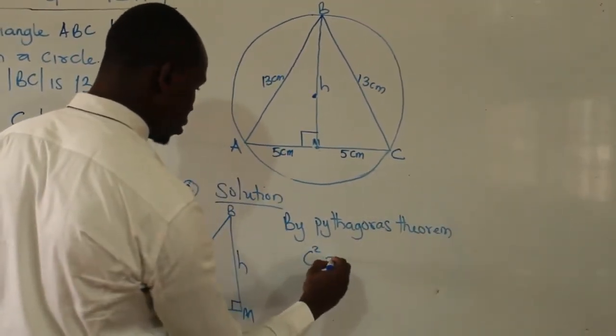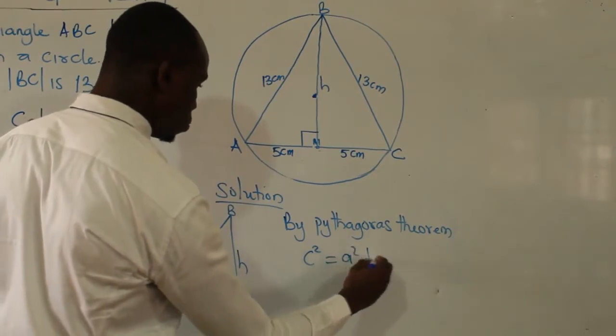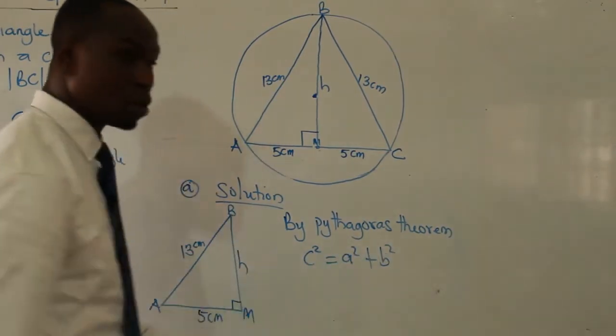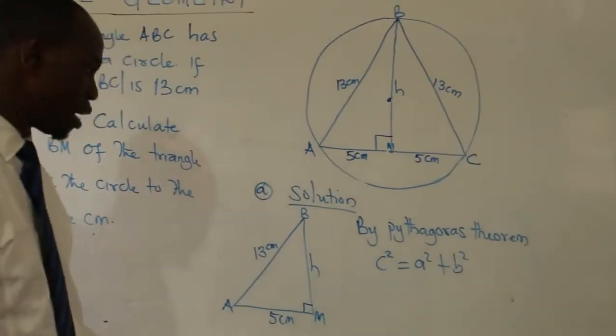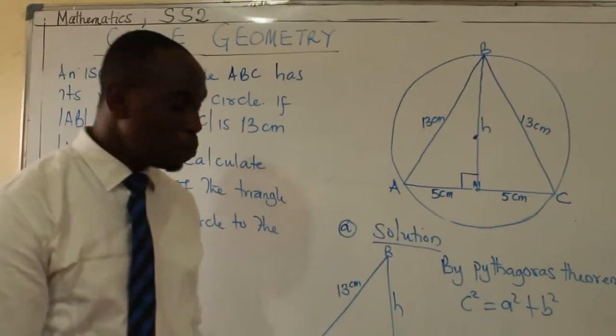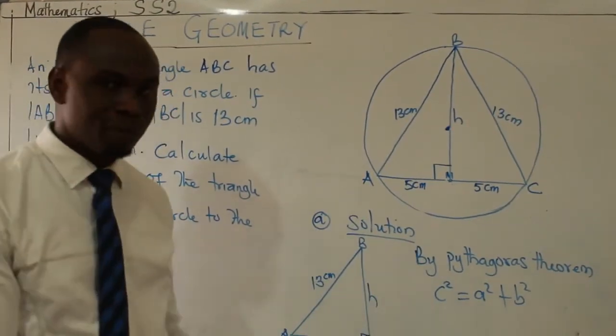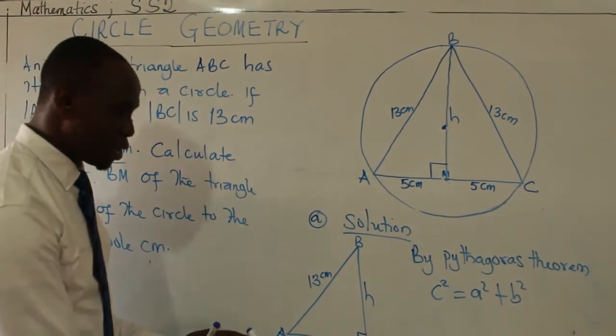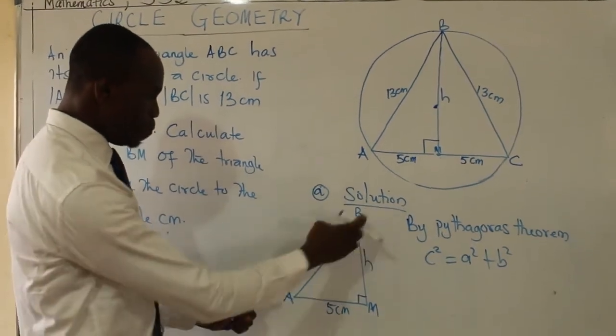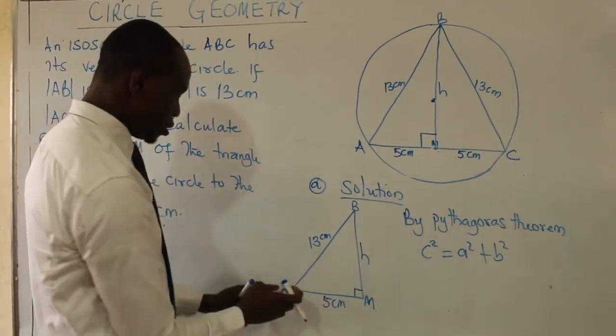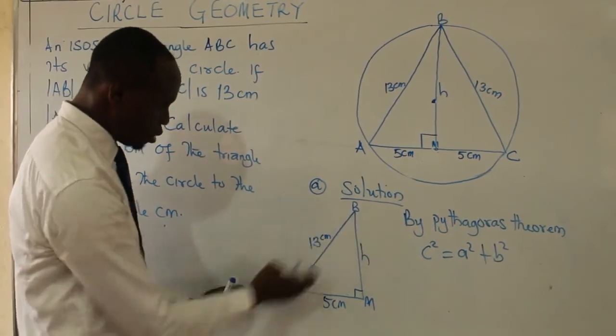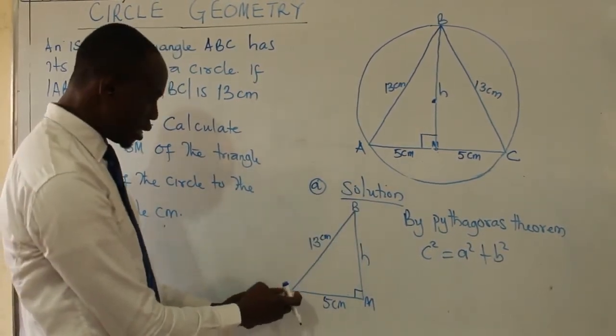c squared is equal to a squared plus b squared. This is conventional for all triangles that don't have letterings. But for this particular triangle, we have letterings. We have C to be AB, because the length of the hypotenuse was lettered as AB.